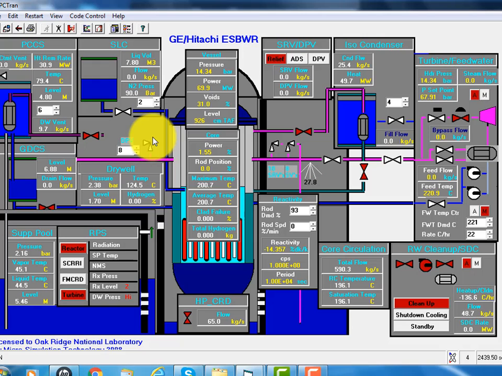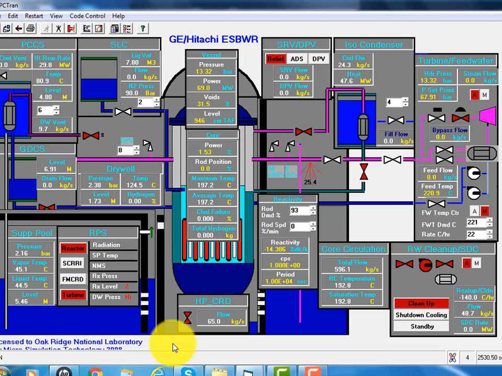And we developed this on a request of Oak Ridge National Laboratory. They support the US NRC to review the GE Hitachi's design certification. But later on, the project was canceled. So certification of ESBWR, of course, is now suspended.